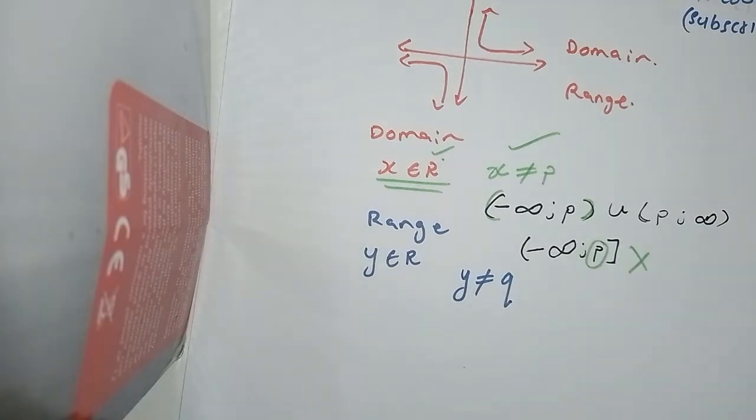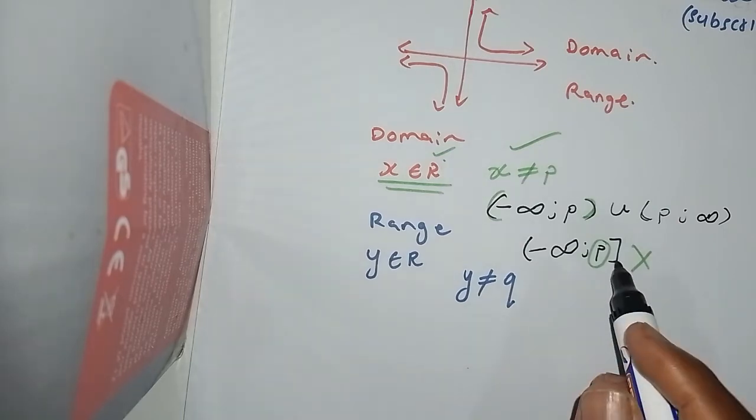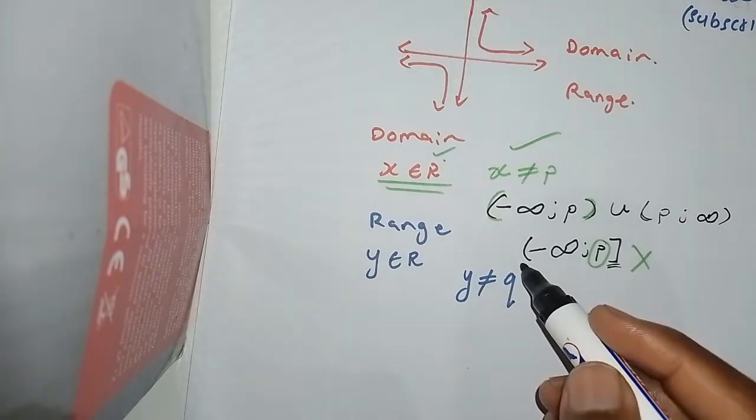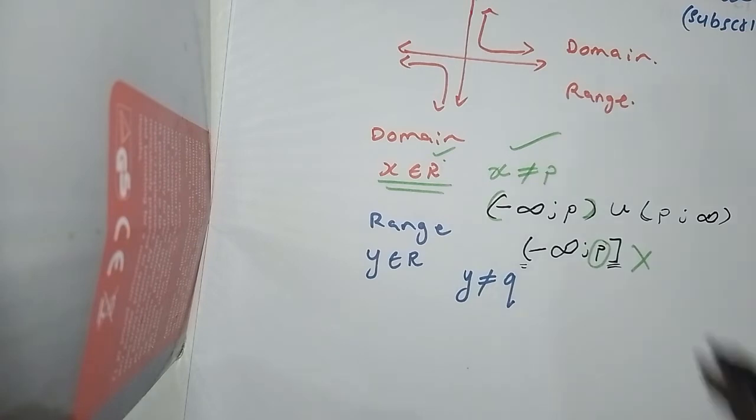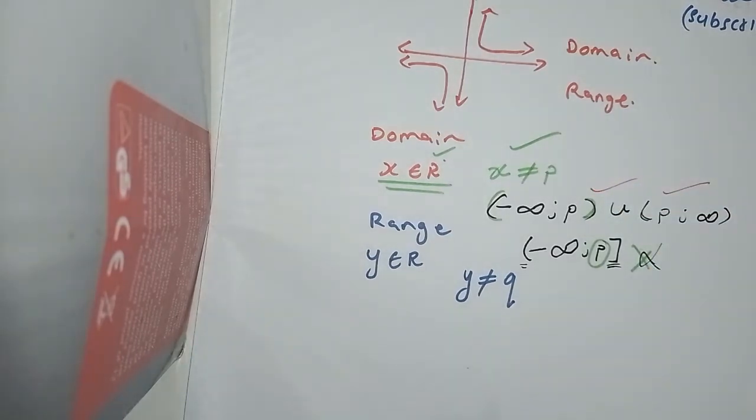It's going to be wrong. Don't say, I know this, I can just use a square bracket. It has a meaning. So this is very wrong, but this way, you get your full 2 marks.